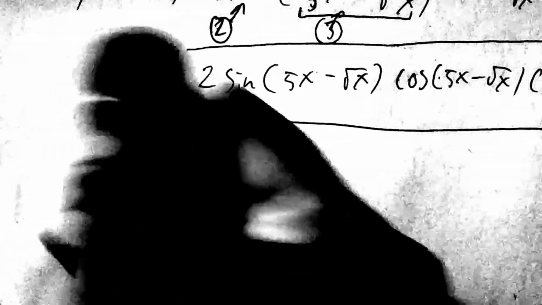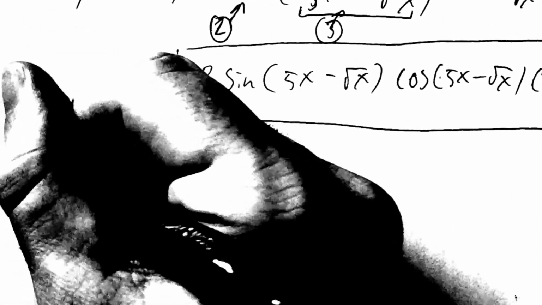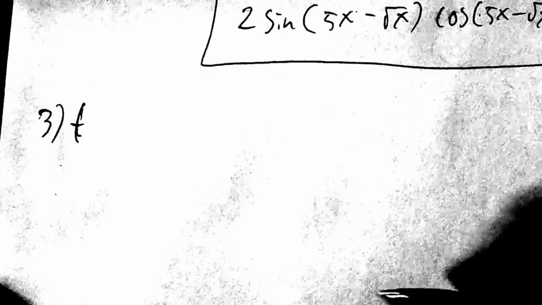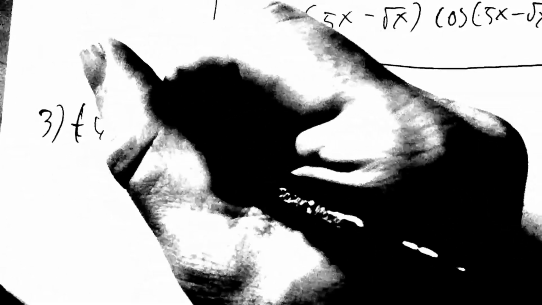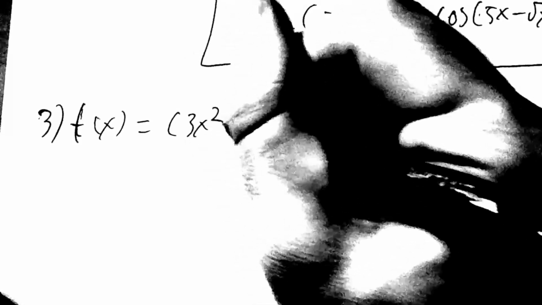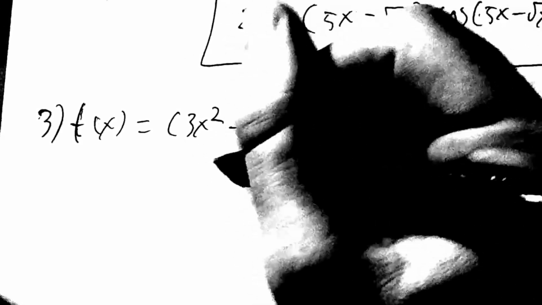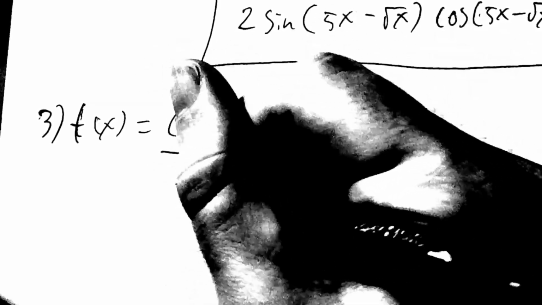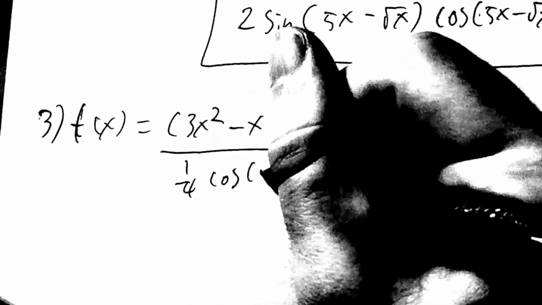All right, we're on 3. These are quotients. First one is f of x equals (3x squared minus x) squared all over 1/4 cosine x.